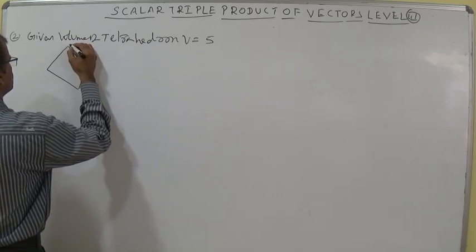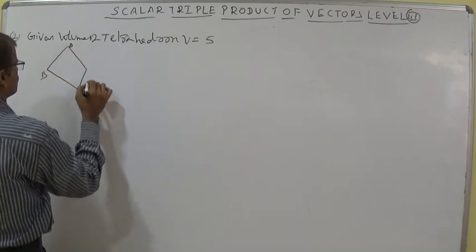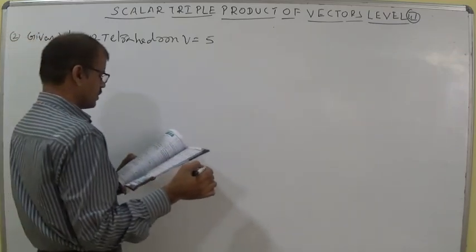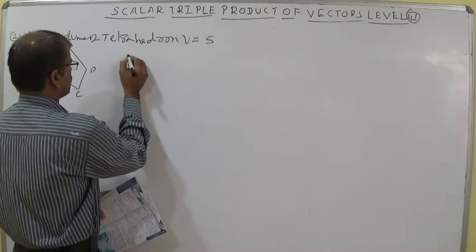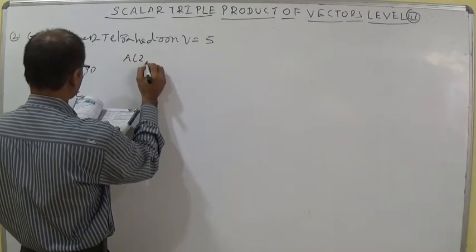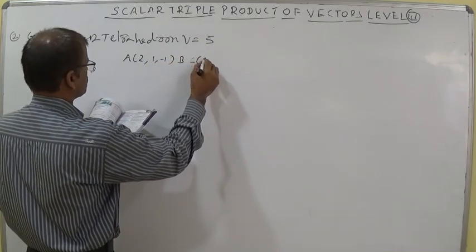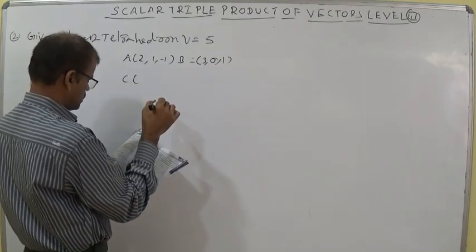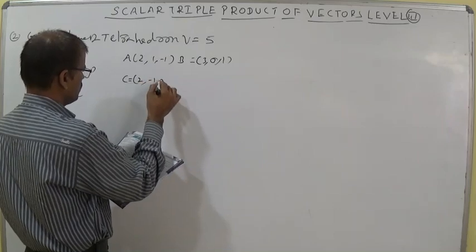Let A, B, C, D be like this. The fourth vertex D lies on the y-axis. A is equal to 2, 1, minus 1, B is equal to 3, 0, 1, and C is equal to 2, minus 1, 3.